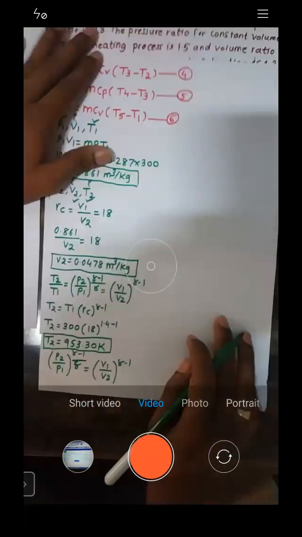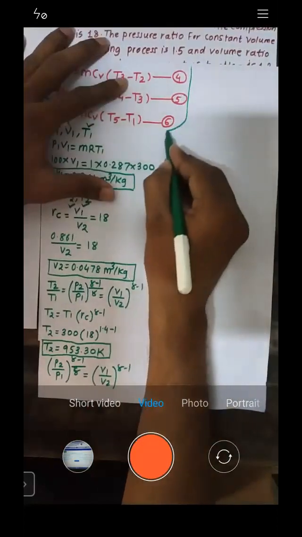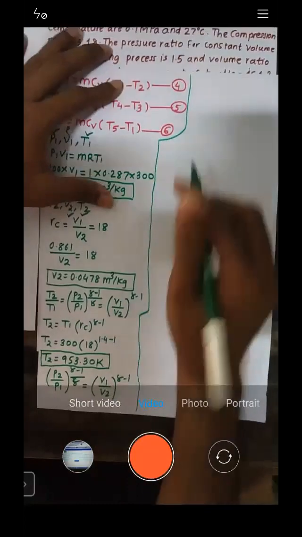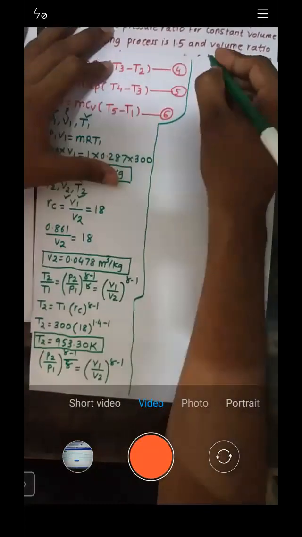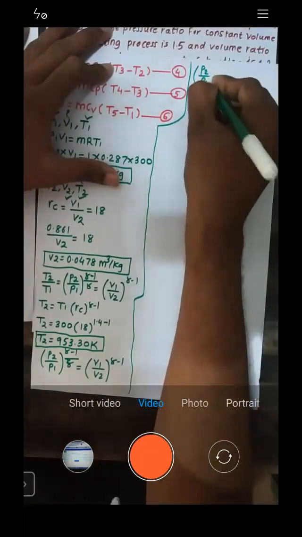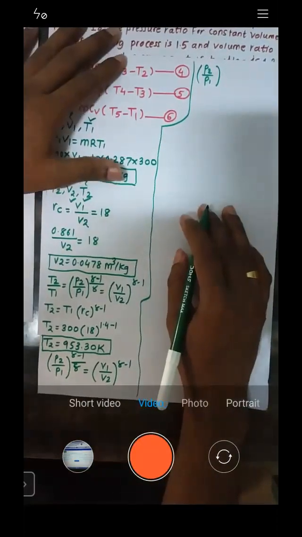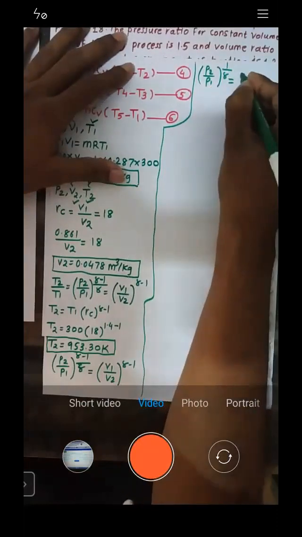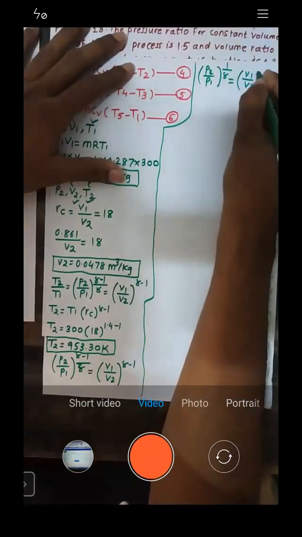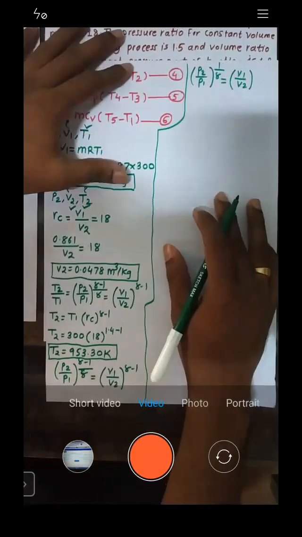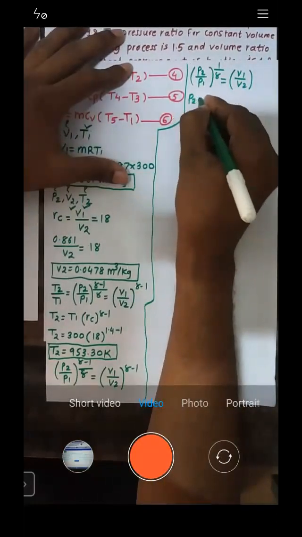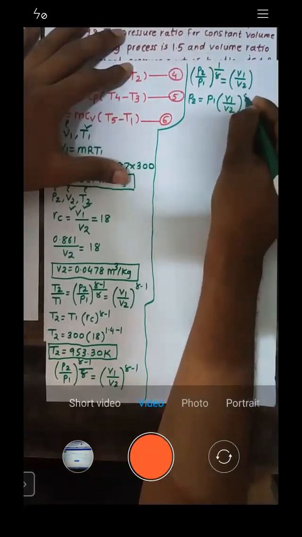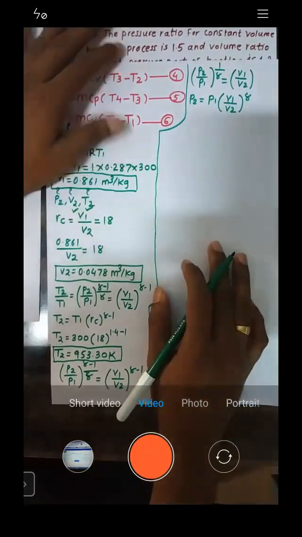Gamma minus 1 gets cancelled. What remains is P2 by P1 raised to 1 by gamma equal to V1 by V2. So P2 is equal to P1 into V1 by V2 raised to power gamma.